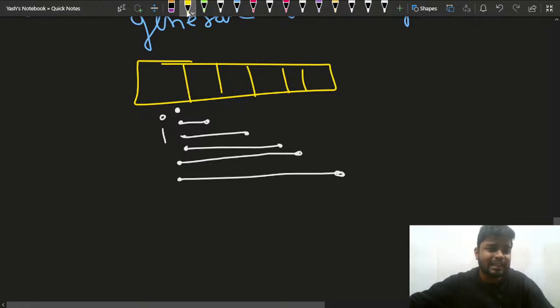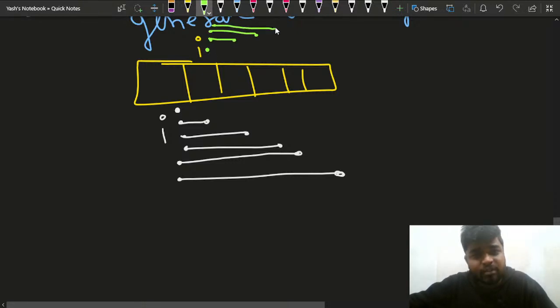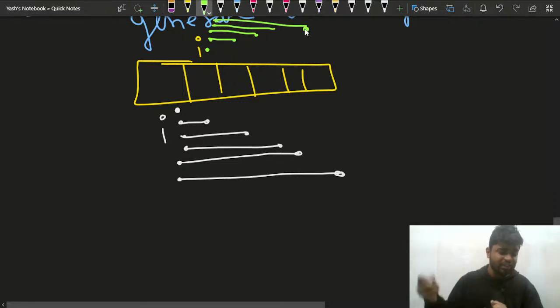Then I can keep my i at the next index, and that gives one subarray, then another, then another, and one from here till the end. This is how I can generate all the subarrays.